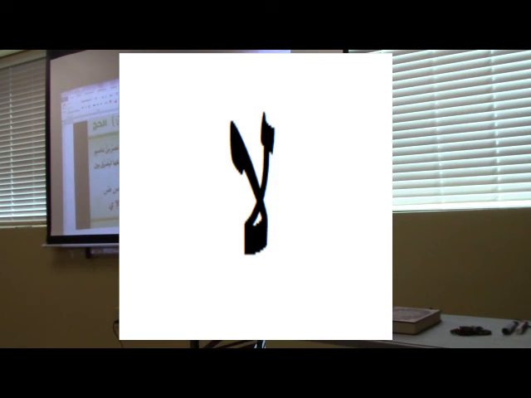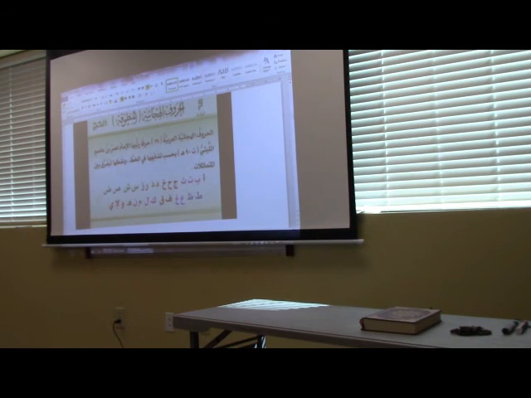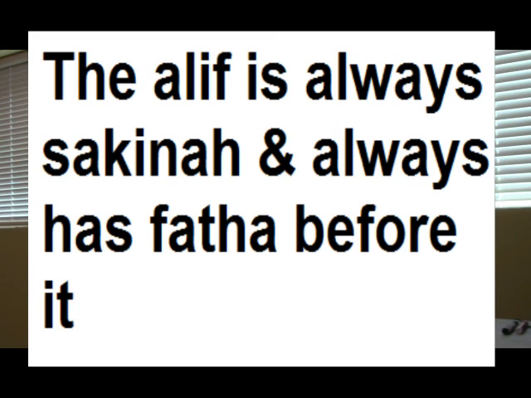This is the Alif. Then why they say Lam Alif? Why they say Lam Alif? Anyone has an idea? Yes, sister? Is it mad? You're close. The Alif, dear brothers and sisters, in Arabic does not come except with sukoon, and must always be preceded by a letter with fatha.